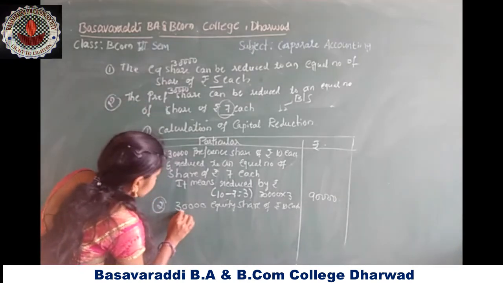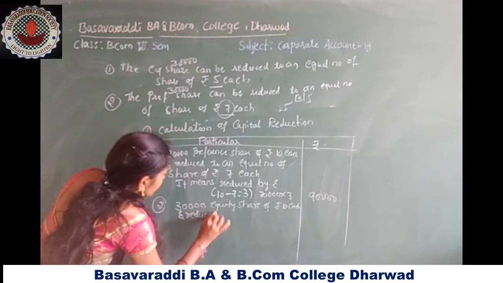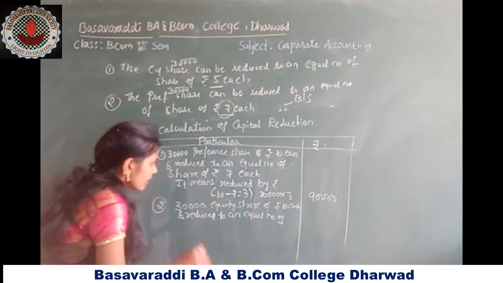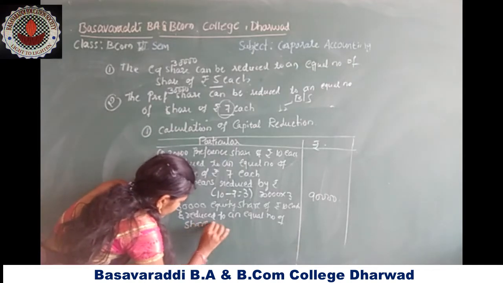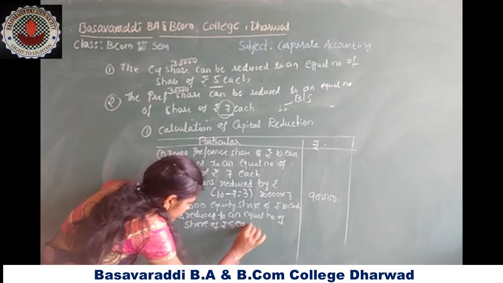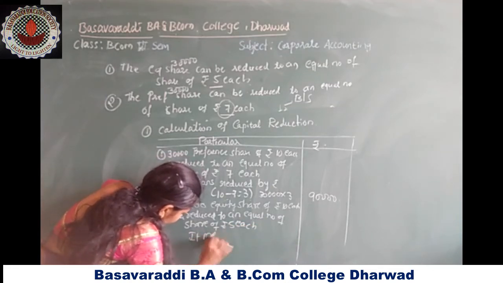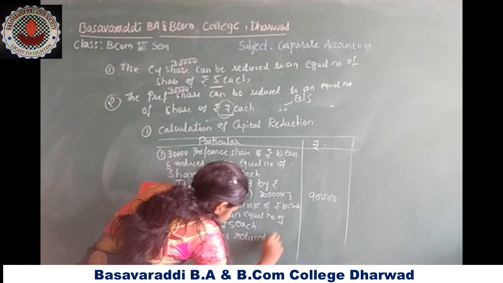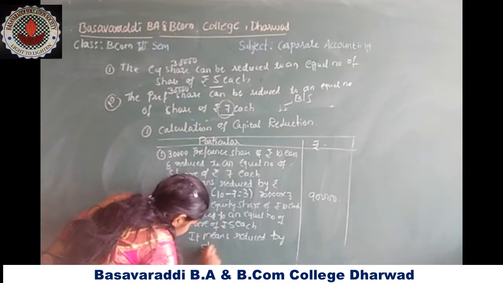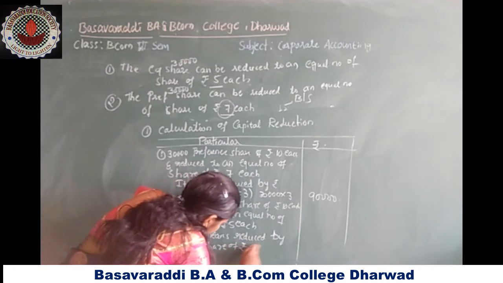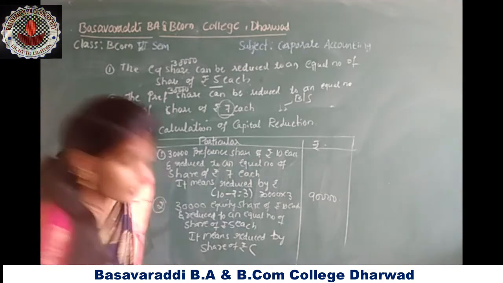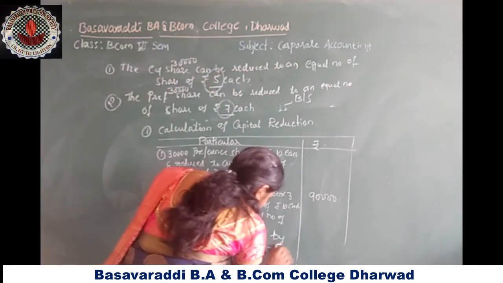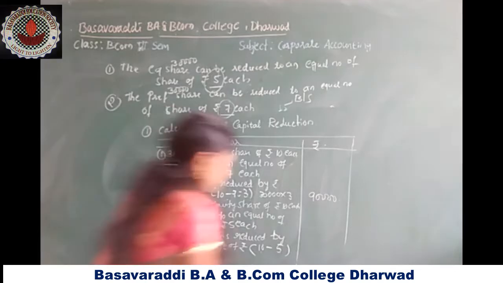It means reduced by face value 10 minus 5 is equal to 5.